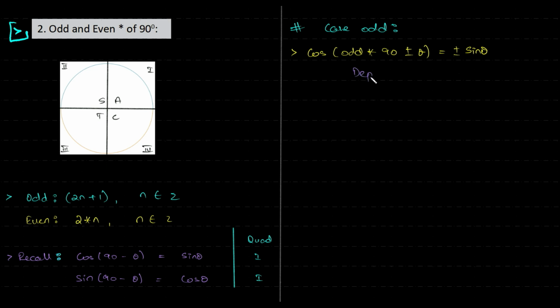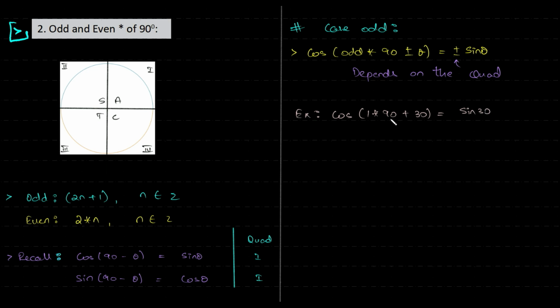This thing depends on the quadrant. So what is this? I'll give an example, it will be clear. So don't think too much, I'm giving an example. Now, the example being cos of 1 into 90 plus 30. Okay, this is nothing but sine of 30.